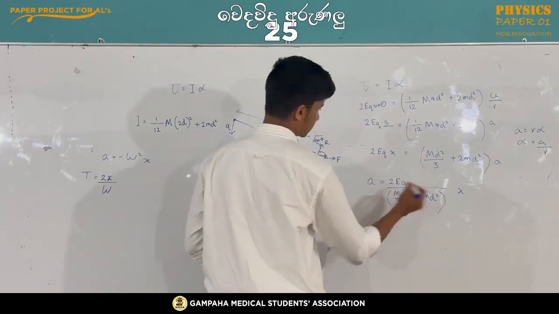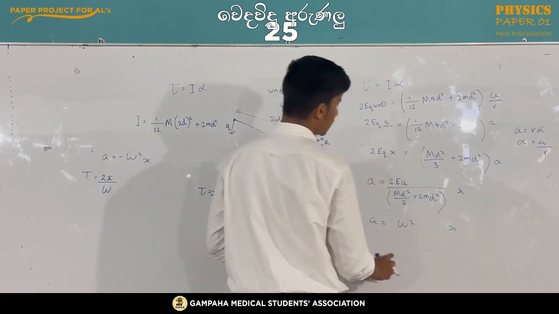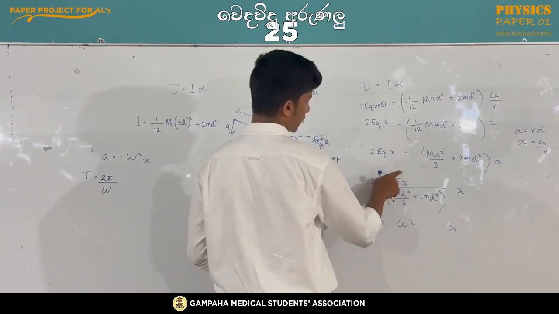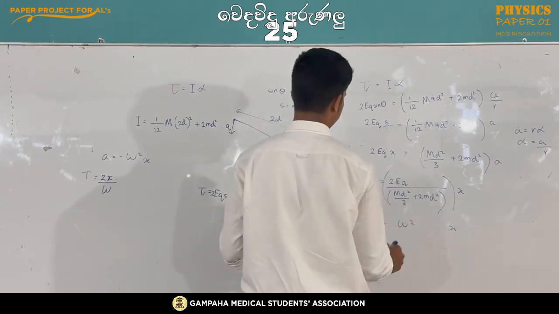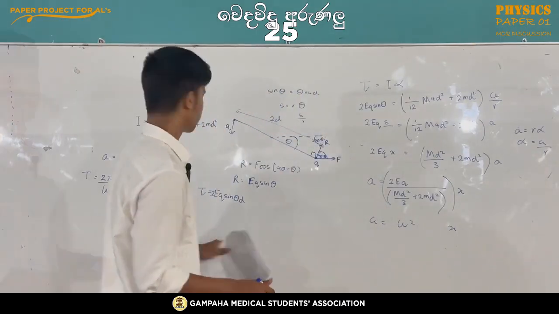So we can see that this is parallel to a equals omega squared x. Then using this, we know that omega squared is equal to this expression, and then using this we can get an equation for the periodic time.